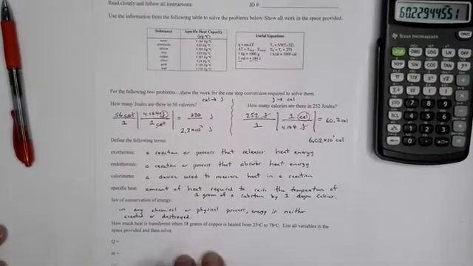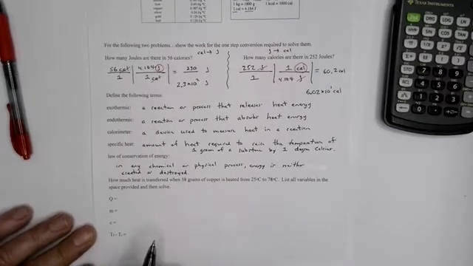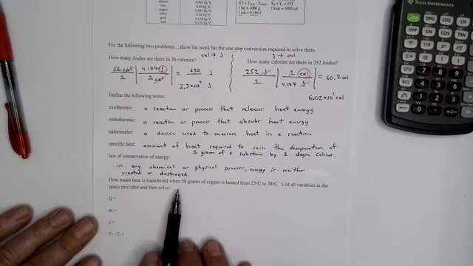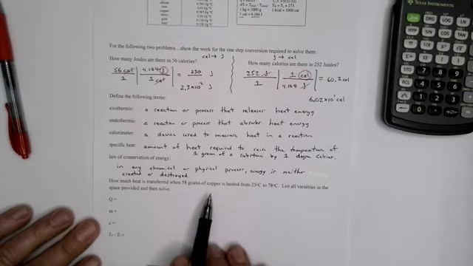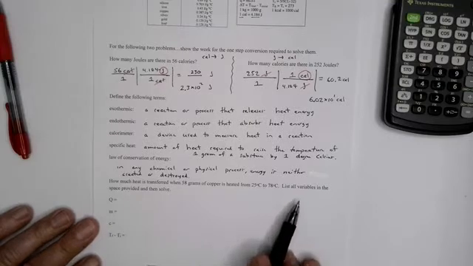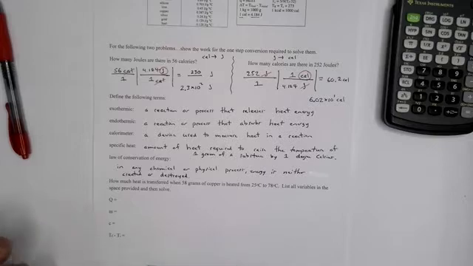Now we're down here to the heat equation problem. So the question is, how much heat is transferred when 58 grams of copper is heated from 25 degrees Celsius to 78 degrees Celsius? We want to list all the variables in the space provided and then solve.